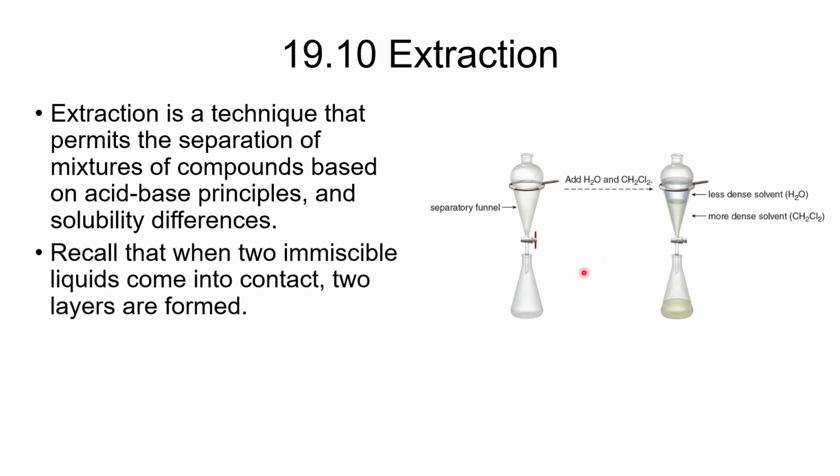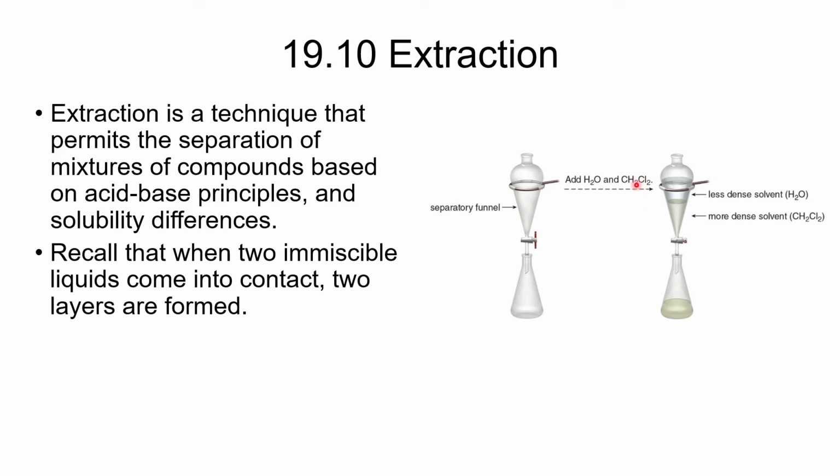So we're going to start with two immiscible liquids, and the two immiscible liquids that we're going to be working with are water and dichloromethane. Sometimes that's called methylene chloride, but we're going to call it dichloromethane.